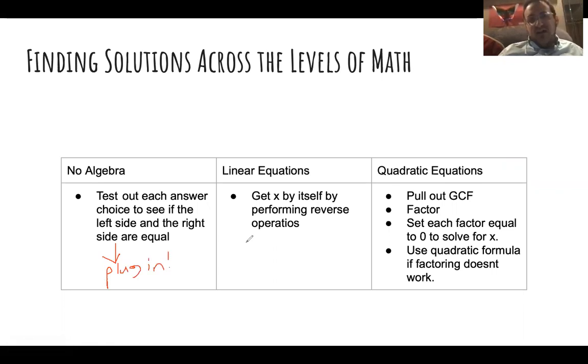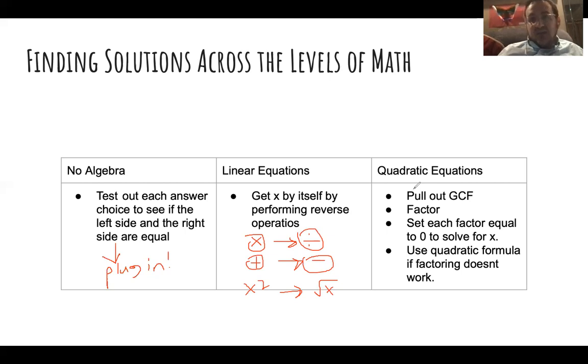At the linear equation level, you could get x by itself by performing reverse operations. The opposite of multiplication is division. The opposite of addition is subtraction. The opposite of squaring something is square rooting something.